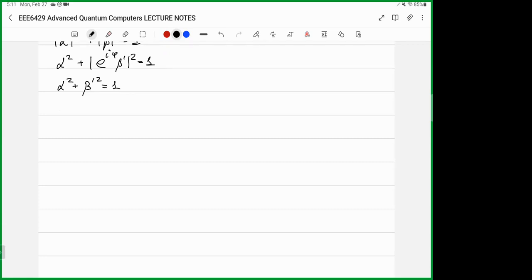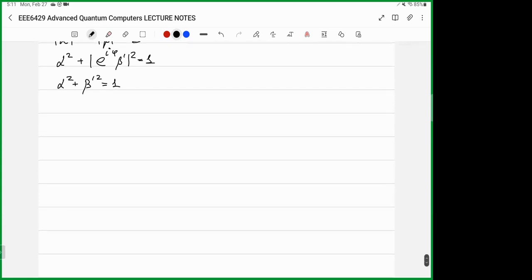And at this point, I can rewrite this expression a little bit in order to bring in the angles, which will actually be the spherical coordinates. So let's recall this trigonometric equation, which is sine squared of x plus cosine squared of x equals 1, right?